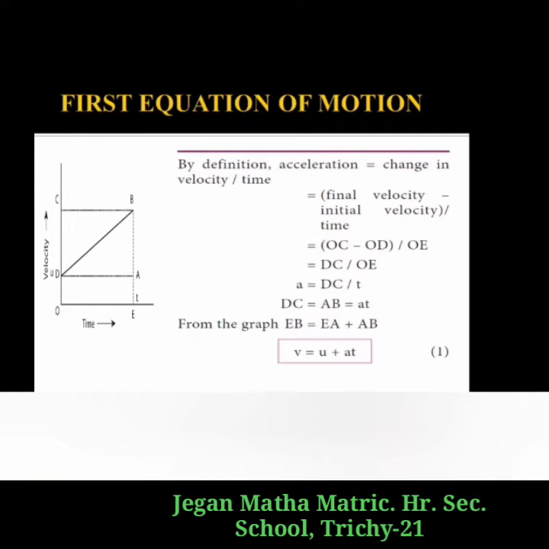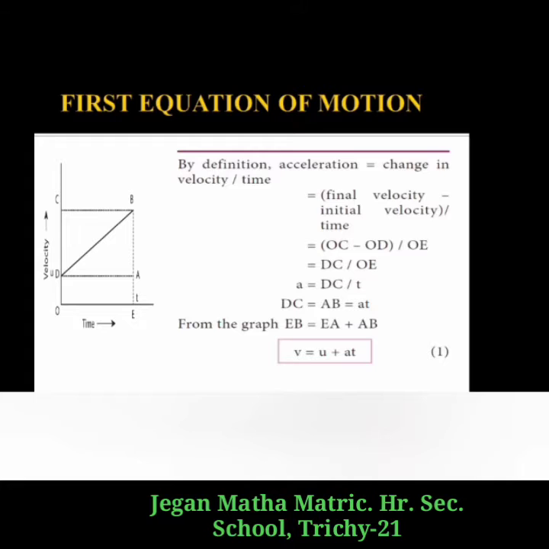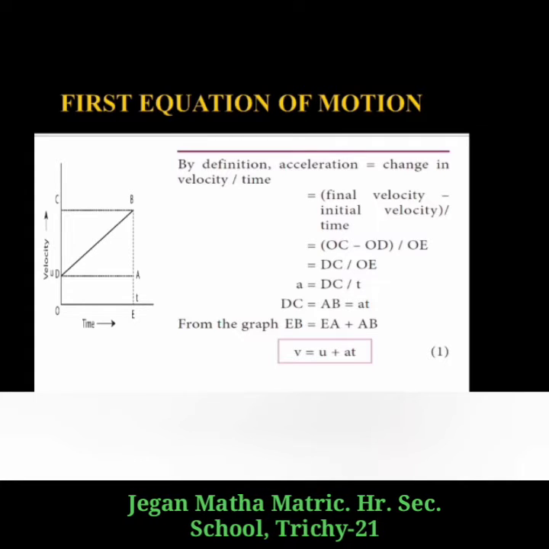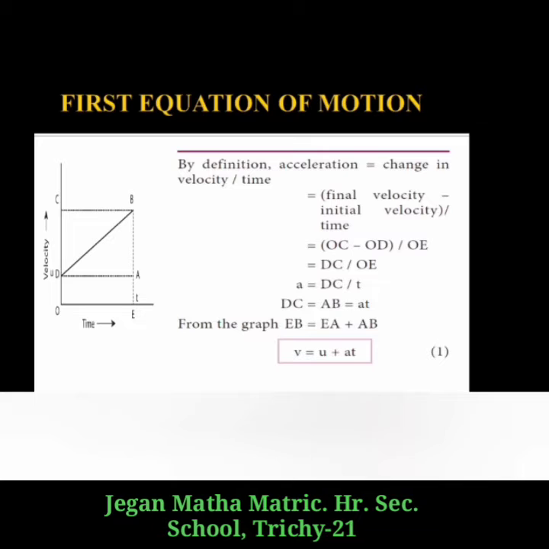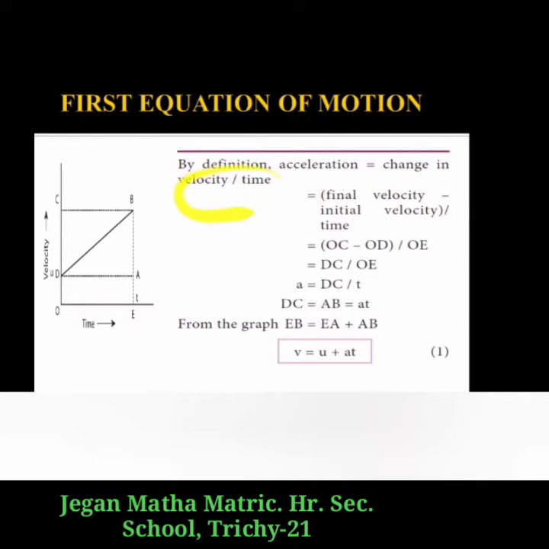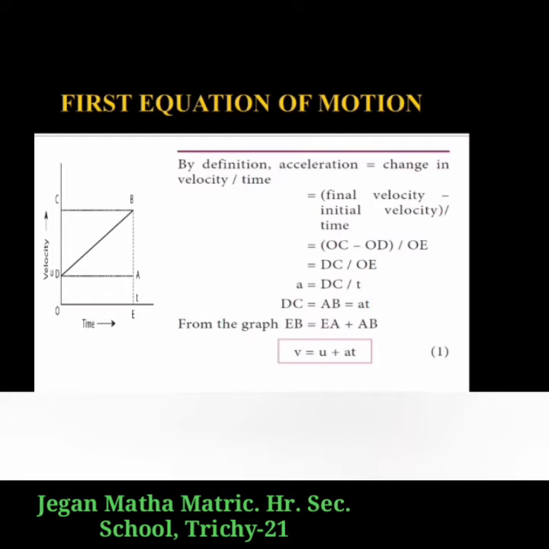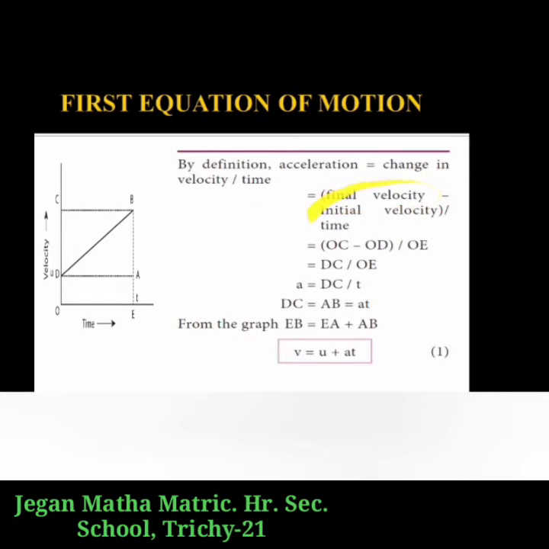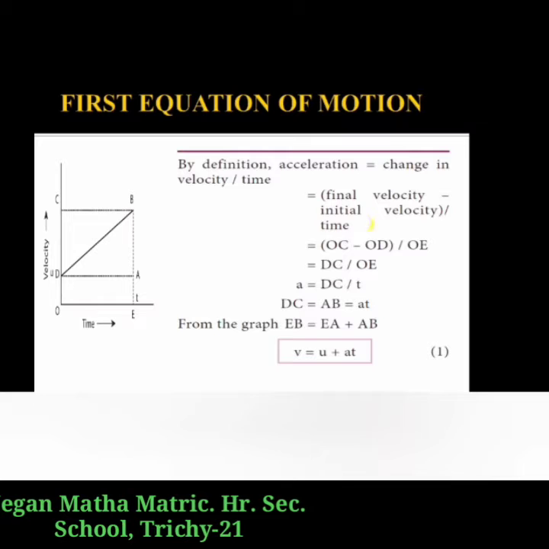By definition, we know that acceleration is change in velocity in unit time. So acceleration is equal to change in velocity by time, that is final velocity minus initial velocity by time.